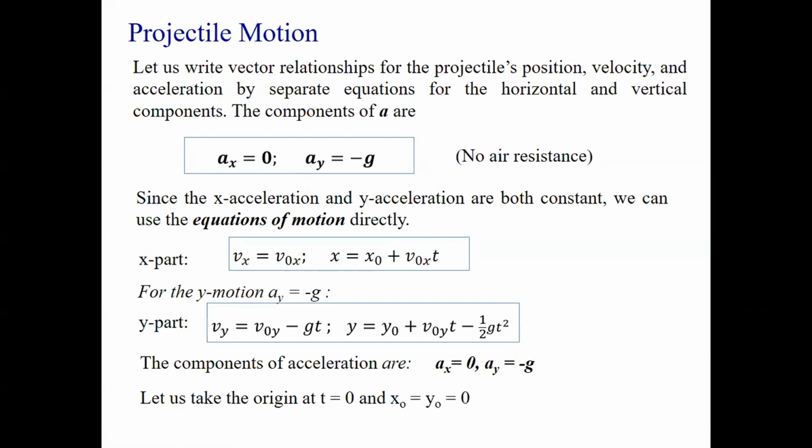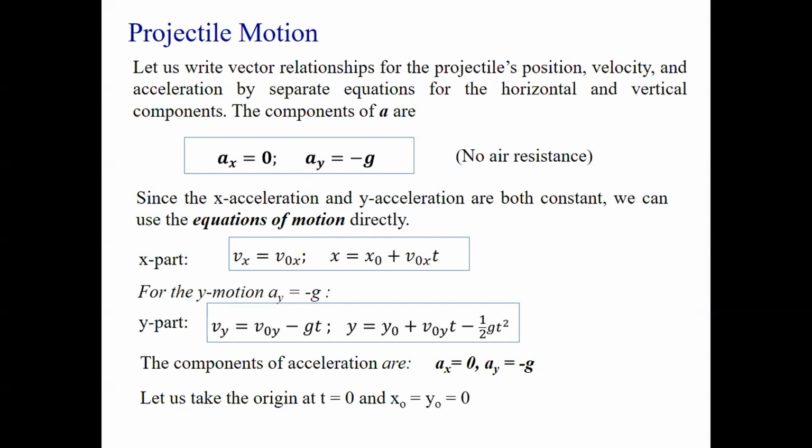There is no air resistance, no other kind of force, so acceleration along the x-axis is 0. Ay is minus g, the acceleration along the vertical direction y is minus g. Since the x acceleration and y acceleration both are constant, we can use the equations of motion that we have already discussed, called kinematic equations.